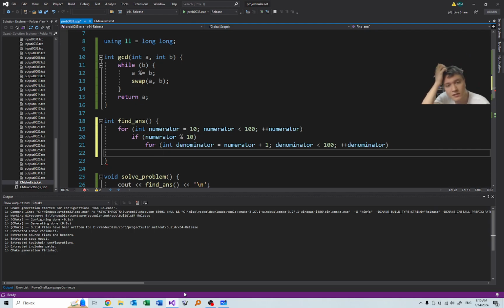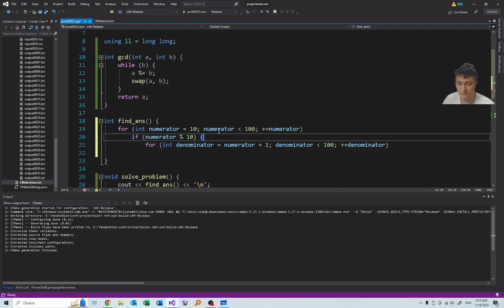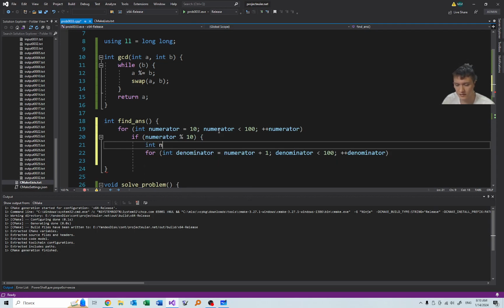Then we need to check that there is a common digit in them and you can remove it. So how to check for a common digit? Let's say that n1 is numerator divided by 10 and n0 is numerator % 10.